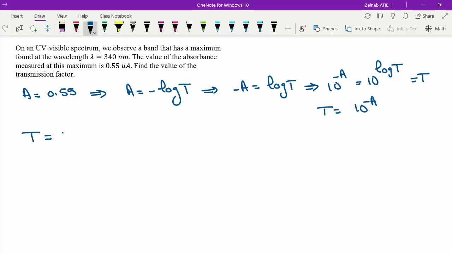T equals 10 to the power minus A equals 10 to the power minus 0.55. Using your calculators, you can find out it's equal to 0.28. If we want to write it as a percentage, we multiply it by 100, it will be 28%.